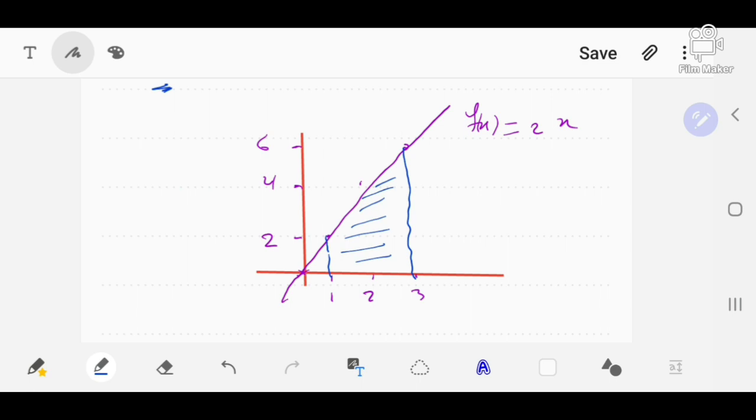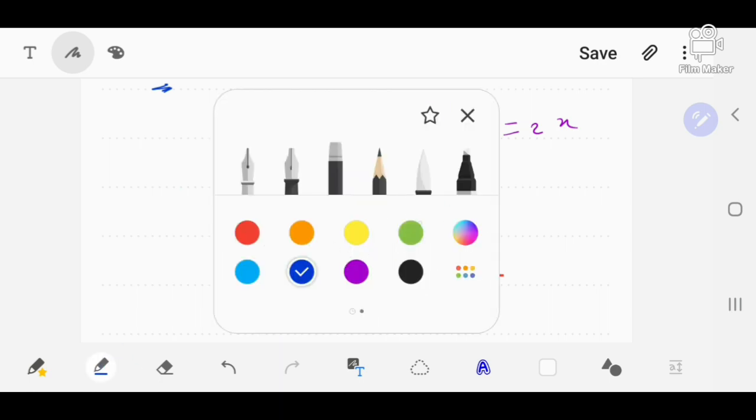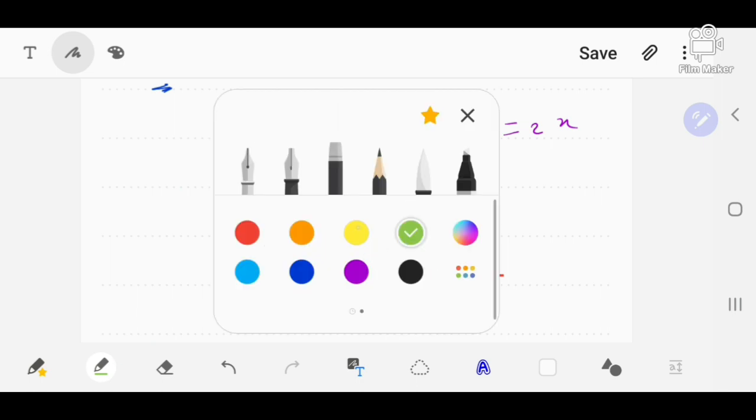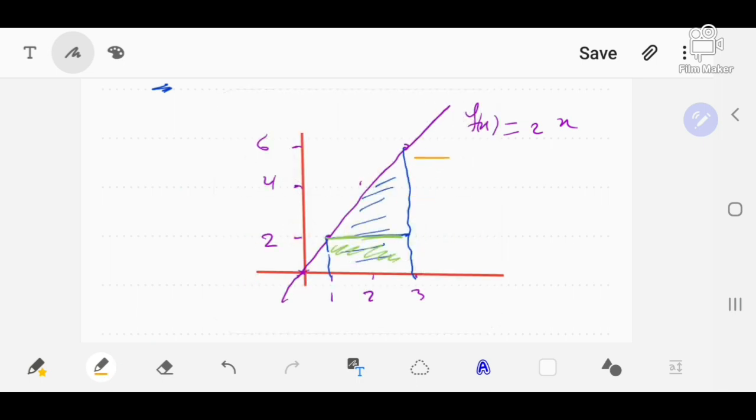Simply, let's use the green color, you can divide it into this small rectangle and this triangle. So we can find the areas of these two shapes. These are regular shapes, so it's simple to find.